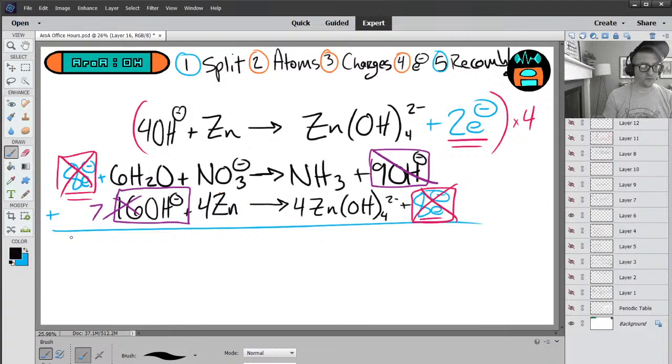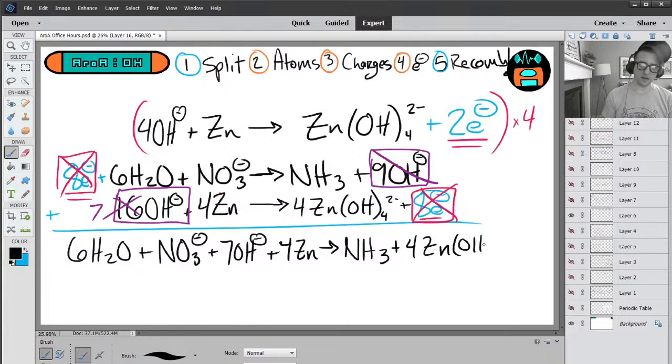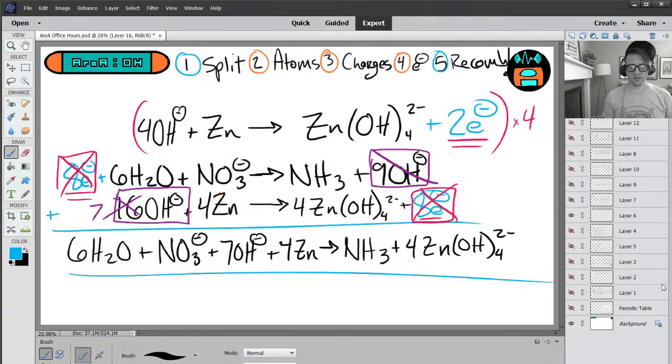And what we get for our final balanced equation is 6 water molecules plus 1 nitrate plus 7 hydroxides plus 4 zinc atoms produce 1 ammonia plus 4 zinc hydroxide complexes. And that is our balanced redox reaction for this one, for basic conditions.